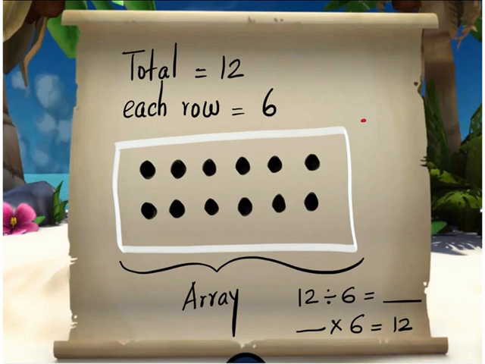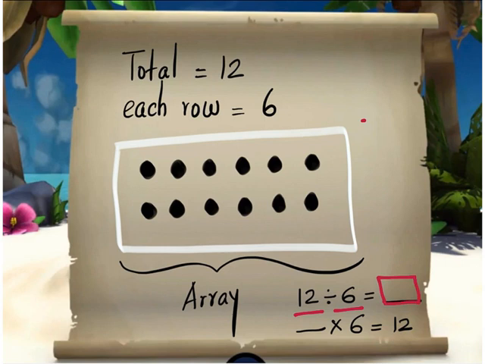Now let's see the division sentence and multiplication sentence, and it's an inverse of division. Okay, it's an example. 12 divided by 6 equals what? That's an unknown. We already know that 12 is the total and 6 is the size of the group.